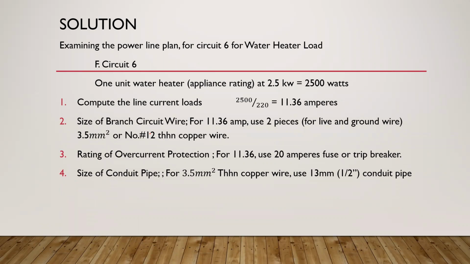For that, as a convenience outlet, it falls in our minimum of 20 amperes. So for 20 amperes, we have a wire size of 3.5 or number 12. And then its conduit pipe is size 13 mm or 1/2 inch diameter conduit pipe.